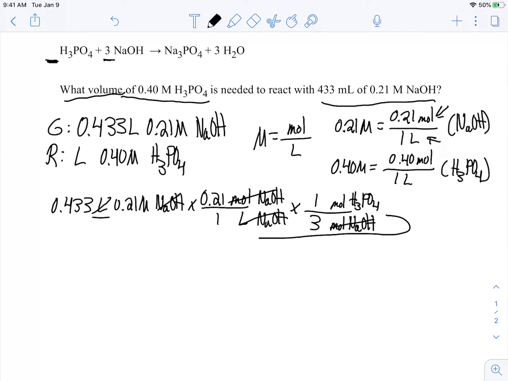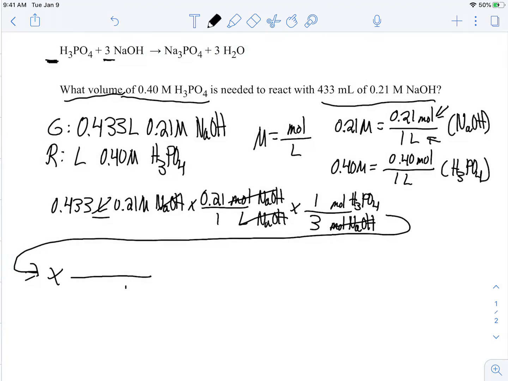I'm going to do a little rewriting here to give myself a little more room. I was in the unit of moles, except I don't want to be in moles anymore, so moles is going to have to go on the bottom in order to cancel out. On top, I want to go into the unit of liters.